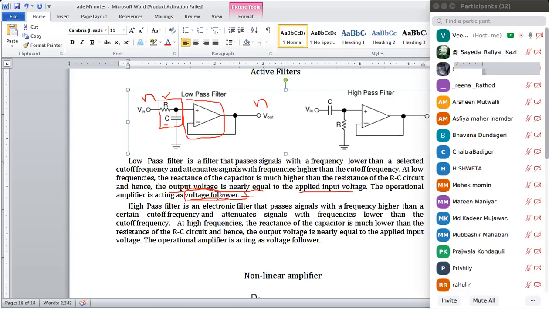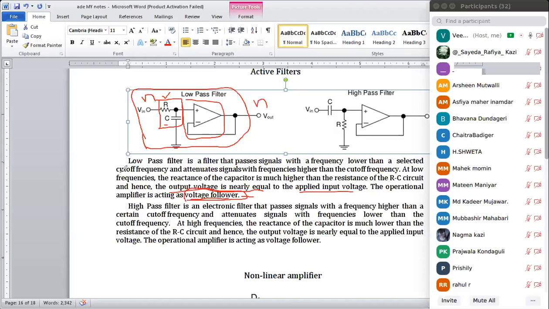So this circuit also acts as a voltage follower. And one more thing, it attenuates the frequencies higher than the cutoff frequency. So it passes only the frequencies lower than the cutoff frequency. That is the main concept of this.